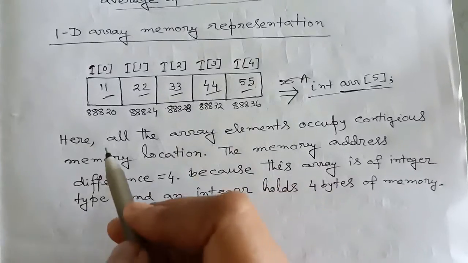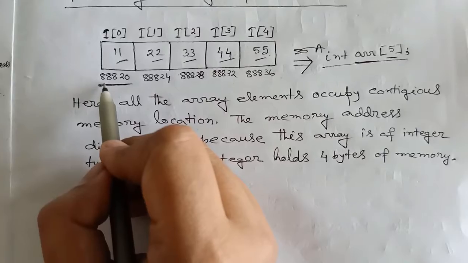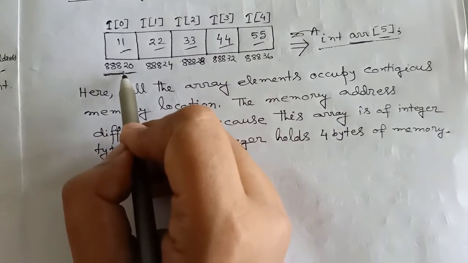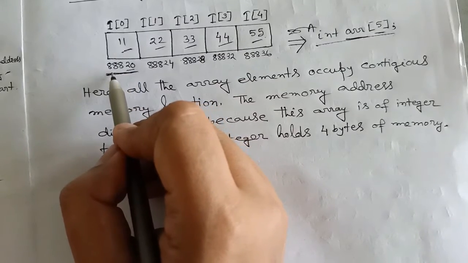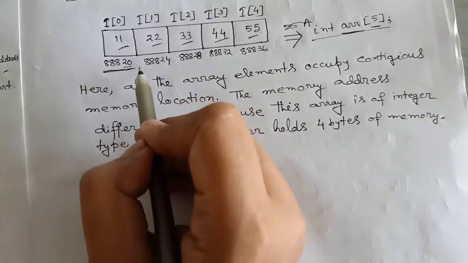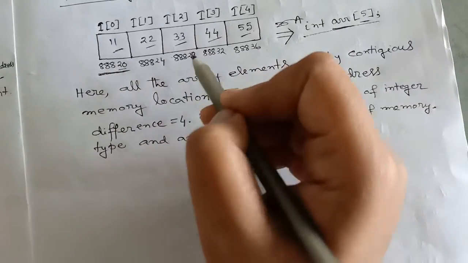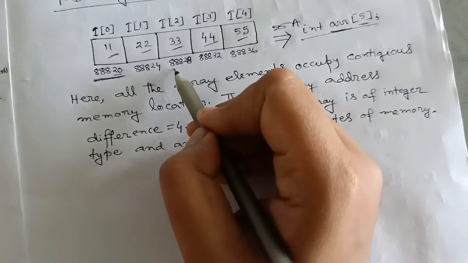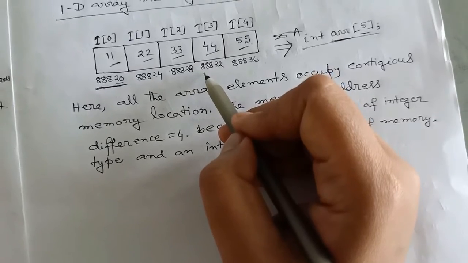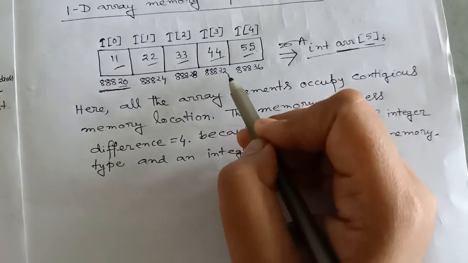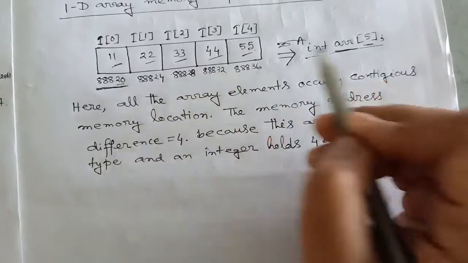In the memory location, the addresses start from 88,820. Next is 88,824. Third is 88,828. Fourth is 88,832 and the fifth is 88,836.